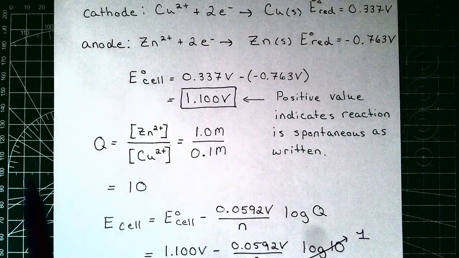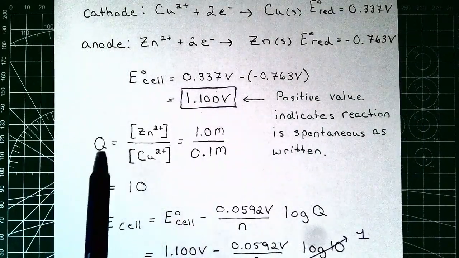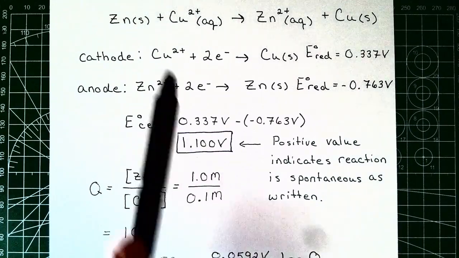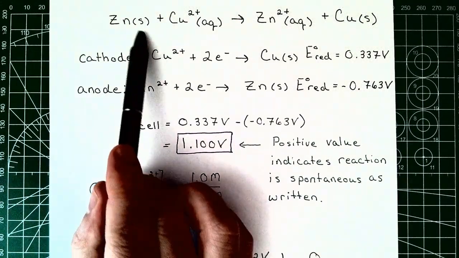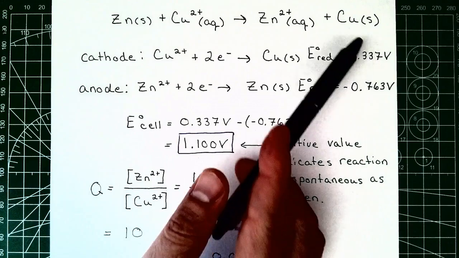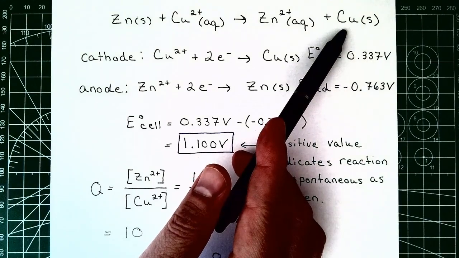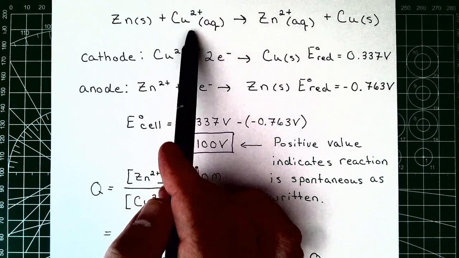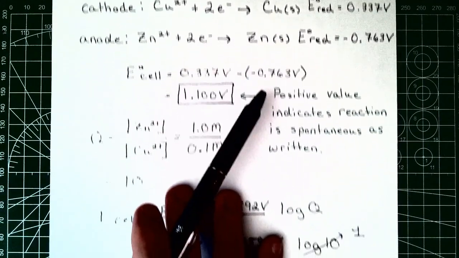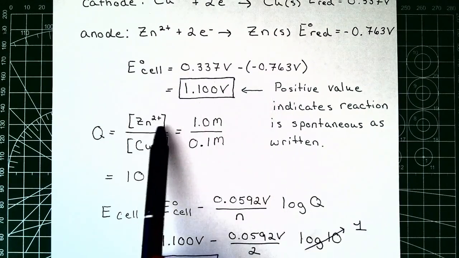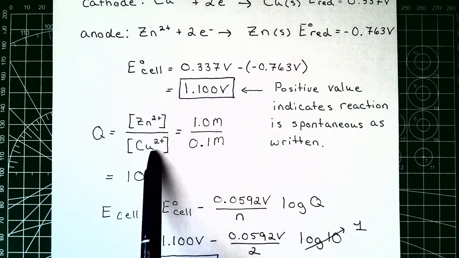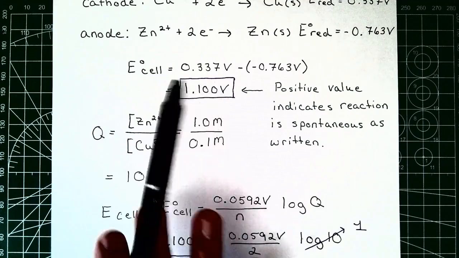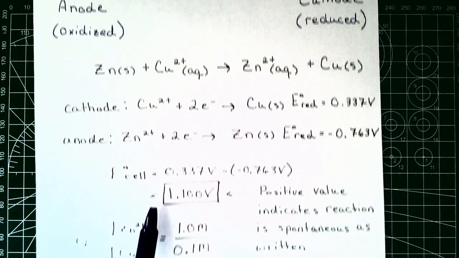From there, we can calculate the Q value. Remember that we are not going to include any of the solid phase things in our reaction quotient, and it's going to be the products over the reactants. So in this case, we're going to have the concentration of the zinc ions over the concentration of the copper ions, and that's where these concentration differences in the cell notation came into play.